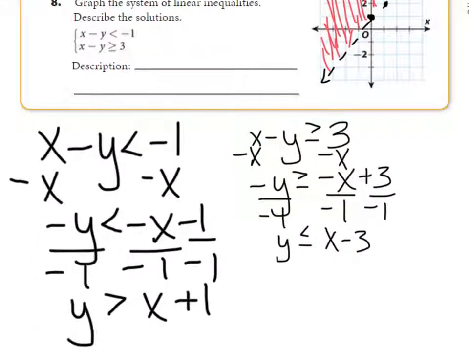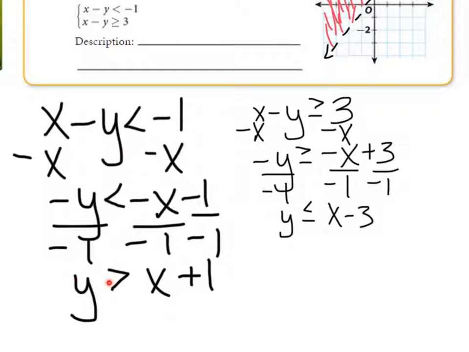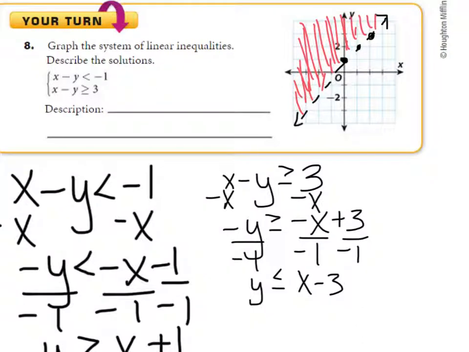Well, we can look at the two inequalities and see that the slopes are the same. So we know our lines will be parallel. We just don't know for sure that that means no solution. So -3 is our starting point. Positive slope, up 1 over 1.